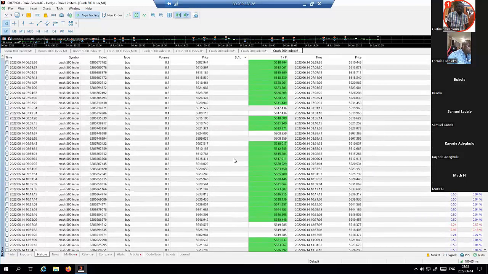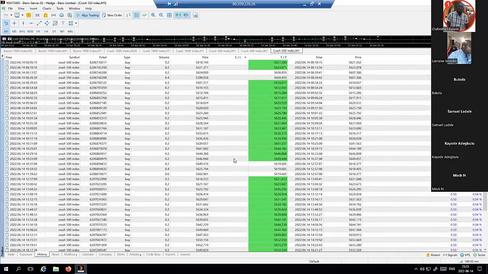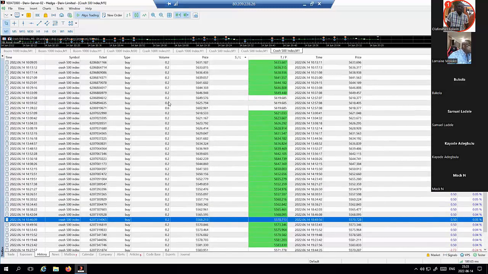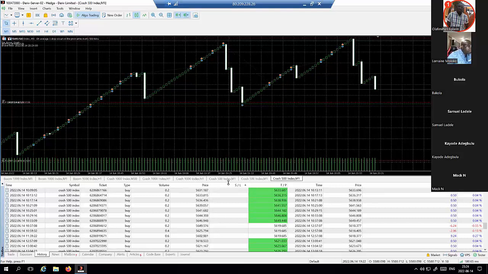Because when it takes the last lot size, it will not trade again. It won't give me profits like that again. Yeah, let me see what is trading now. I'm coming. It's just a logic for us to keep on making money while we are waiting.